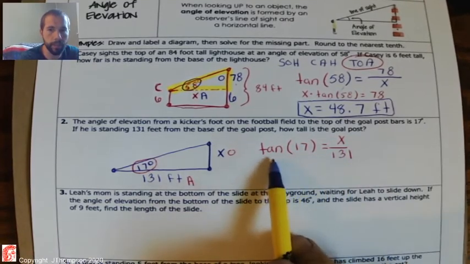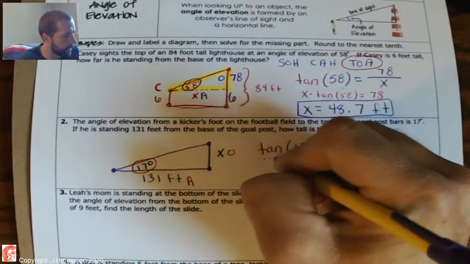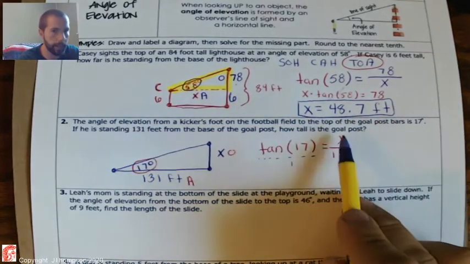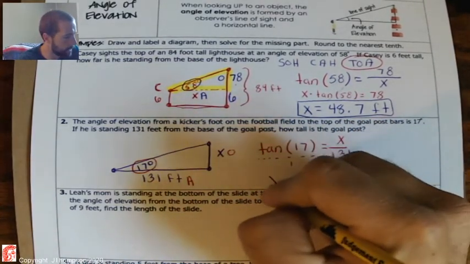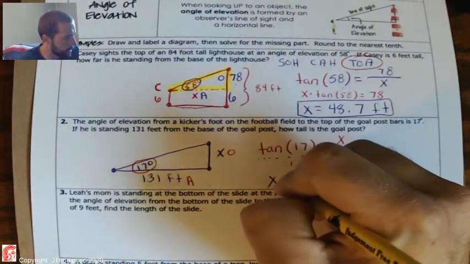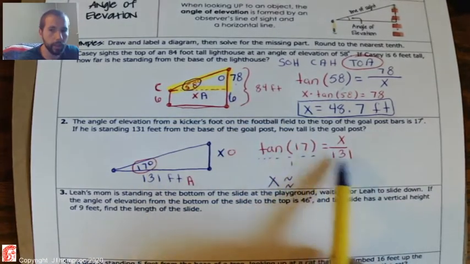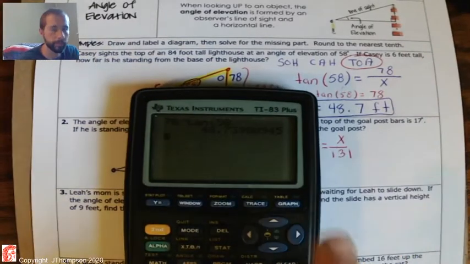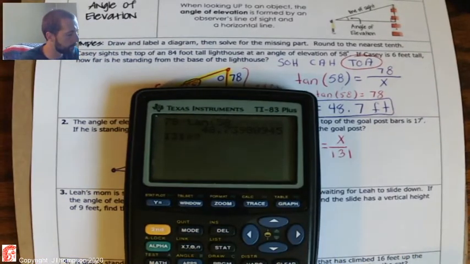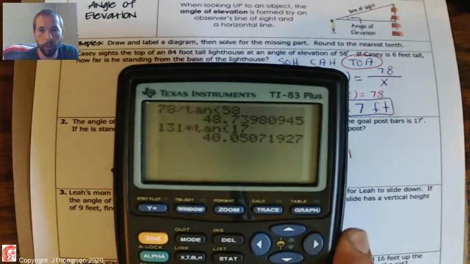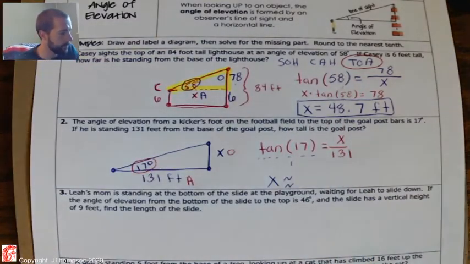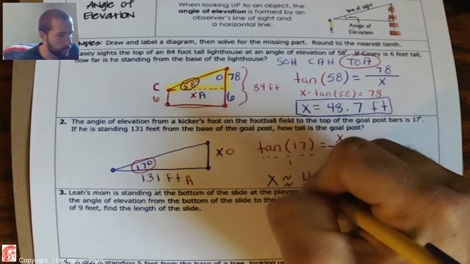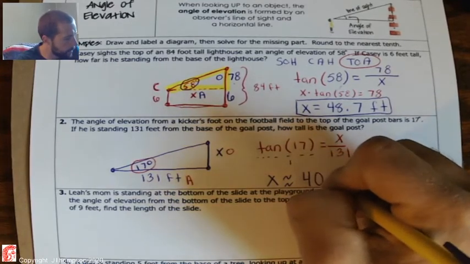X multiplies with this invisible 1 that's down here. X times 1 is x, so we get x is approximately, and then we multiply 131 times the tangent of 17. And we get 40.1. So the height of the goalpost is 40.1 feet.